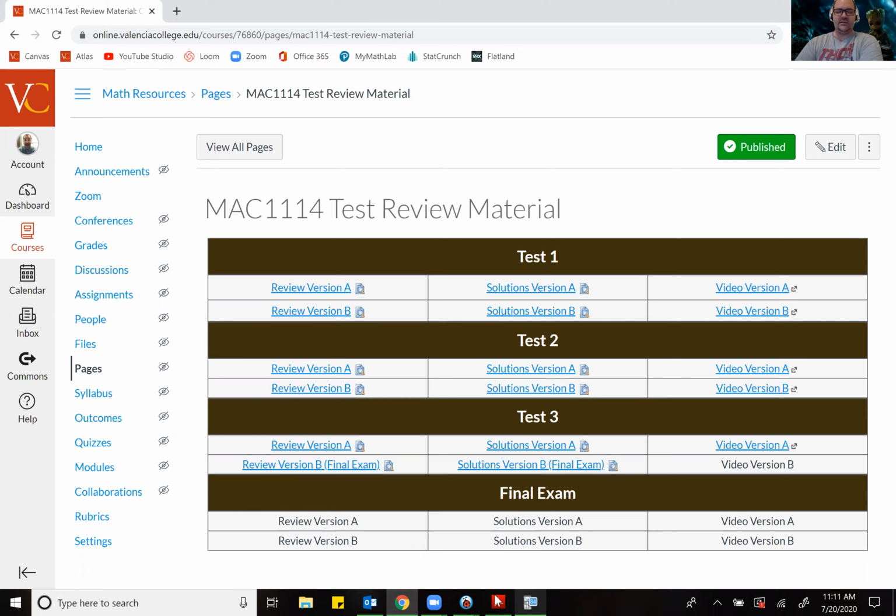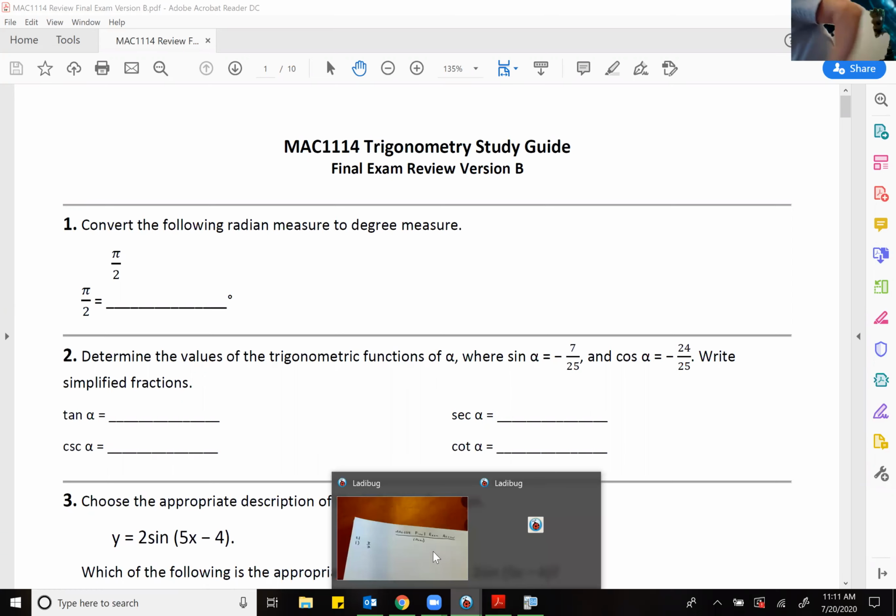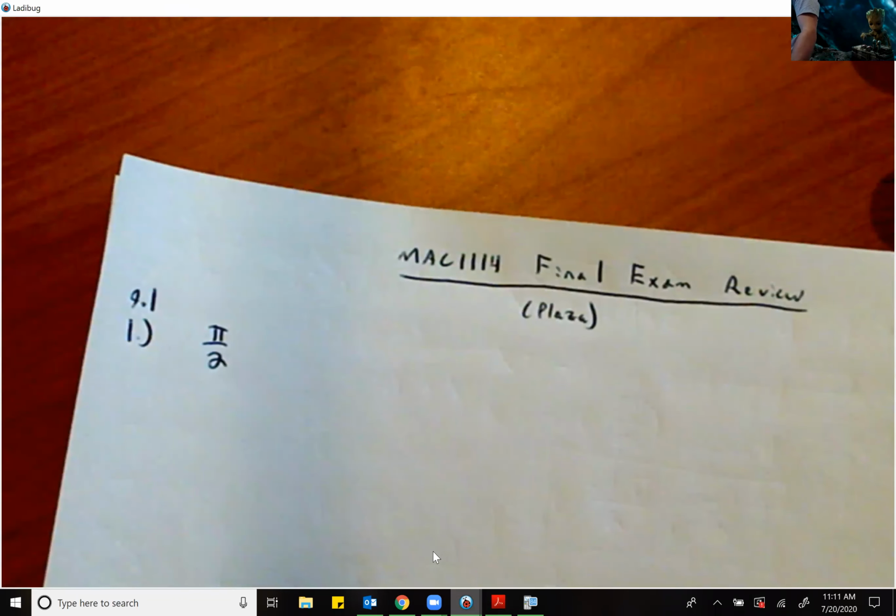So let's get started. Coming to you from all the way in 9.1, they want us to take pi over 2 and convert it into degrees. Real quick, I want to grab my textbook.